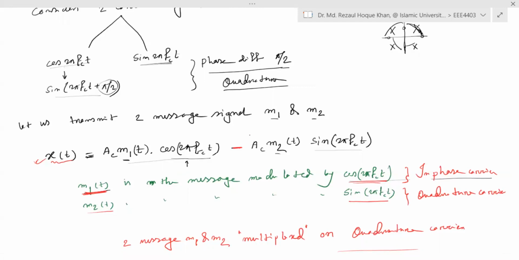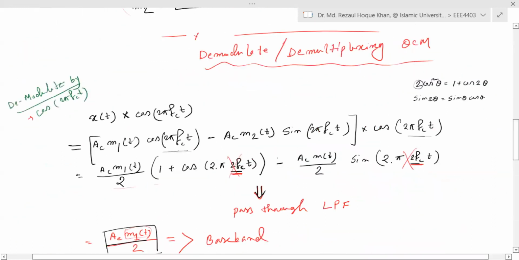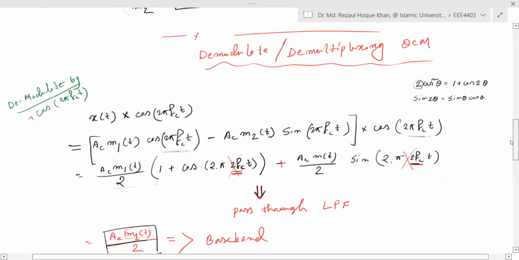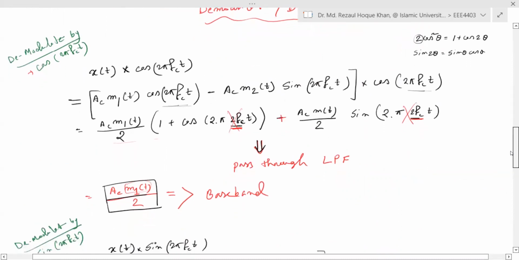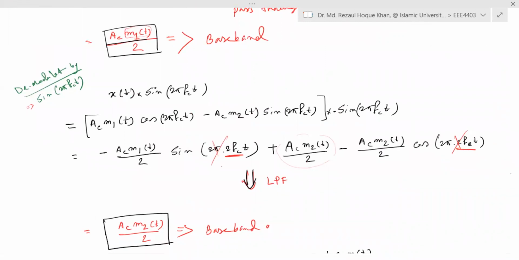The only difference will be in our equation: in the demodulator, this sign would be a positive sign if it is a summation, so we do not need to use this negative sign.